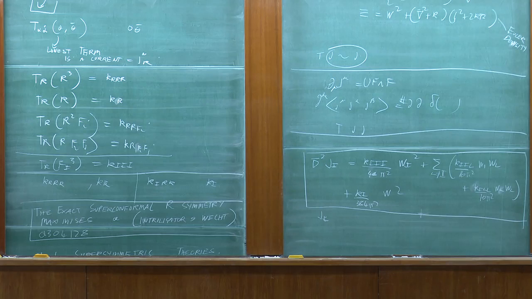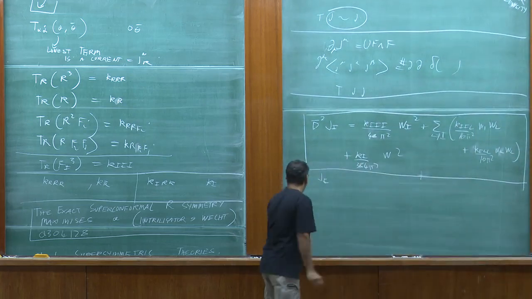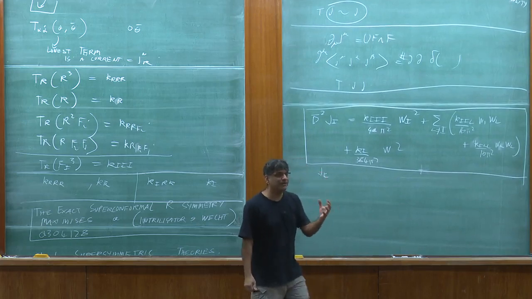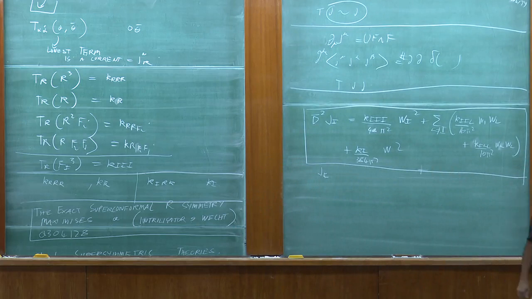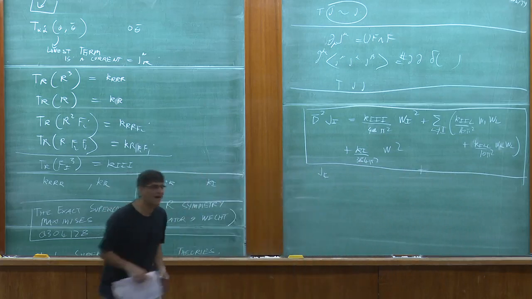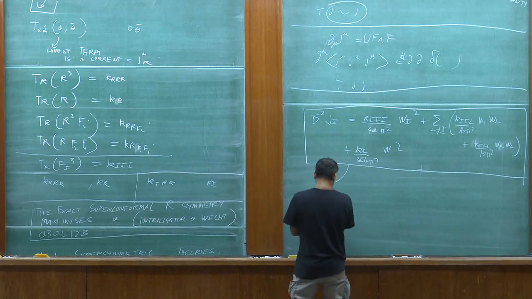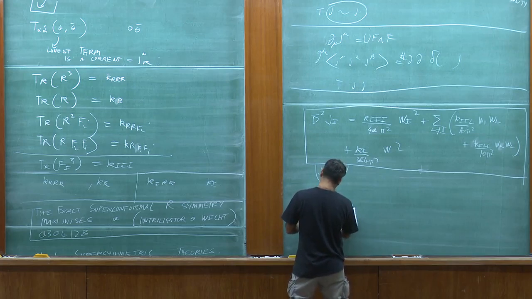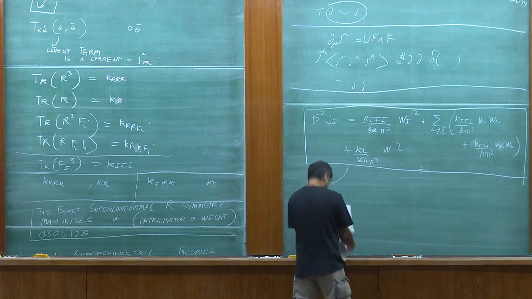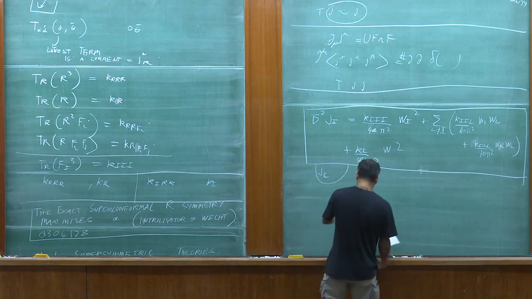Okay? So this tells you that there is a relationship between trace F_I and trace F_I R squared, and that relationship I'm going to write down for you.